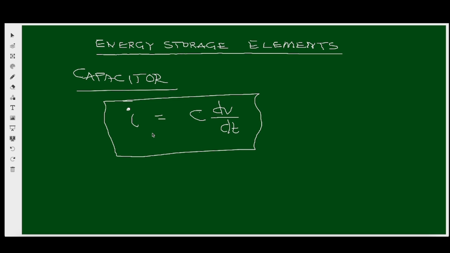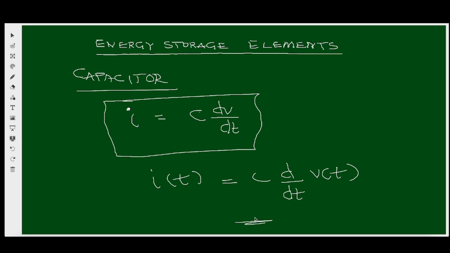Here v and i satisfy the conventions for a passive element, and we should bear in mind that v and i are functions of time. If needed, we can emphasize this fact by writing i(t) and v(t). We can write i(t) equals C d/dt v(t), just to show that i and v are functions of time.